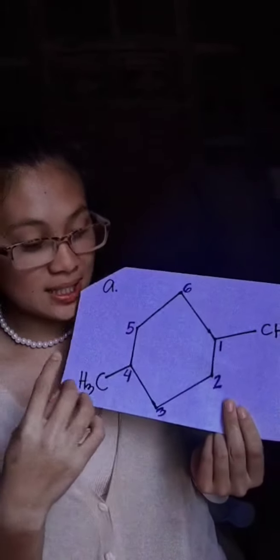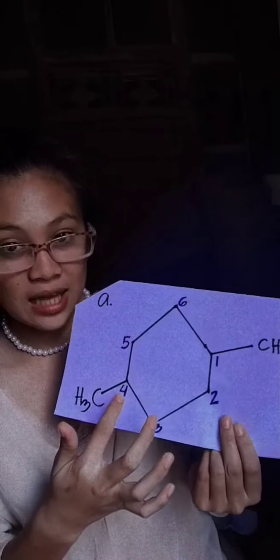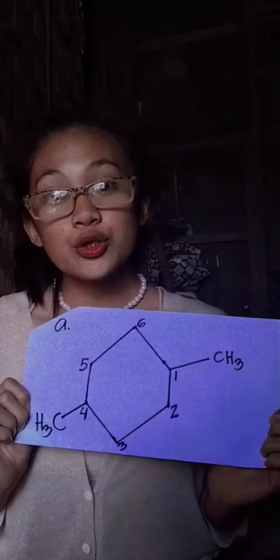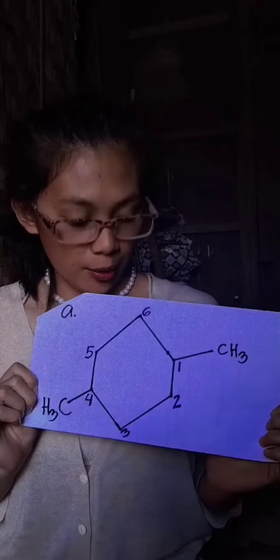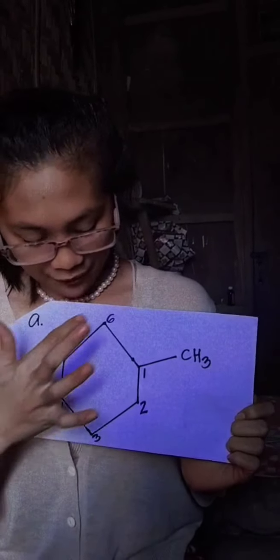As we can see, we have 2 substituents which are methyl that attached to carbon 1, and another methyl is attached to carbon 4. So we have 6 carbons. Carbon 1, carbon 2, carbon 3, carbon 4, carbon 5, and carbon 6.